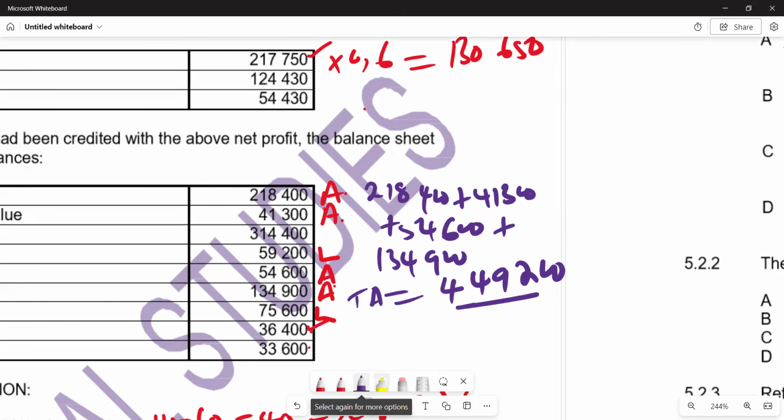Then for total liabilities, we have identified 59,200, and we are adding again 75,600.